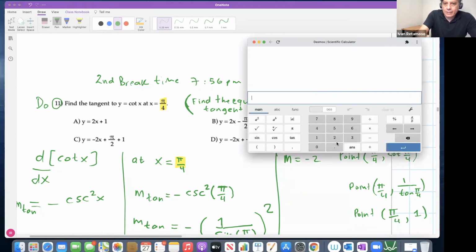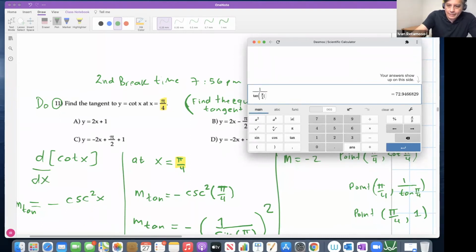Here in the calculator, 1 over tangent of pi over 4. That's just in degrees, but we want it in radians, 1, right? 1 over 1, 1. Very good.